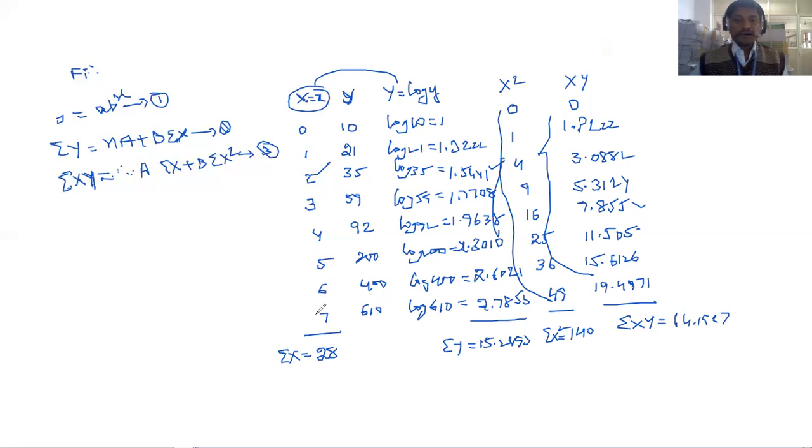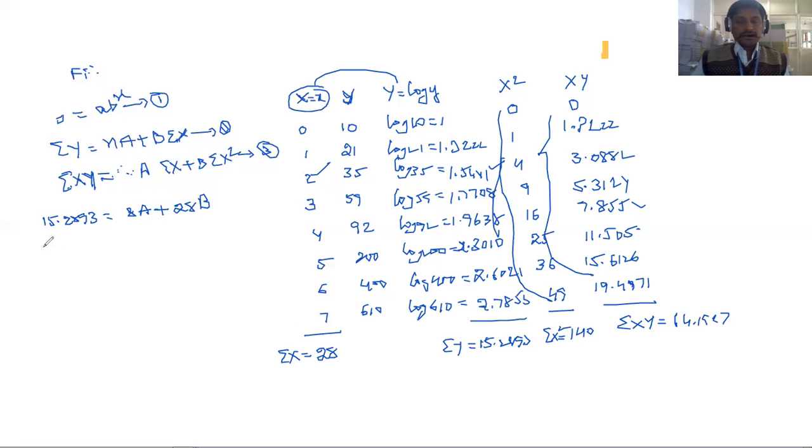Now we need to substitute all these values here. Summation Y is 15.2893 and n is 8, counting 1, 2, 3, 4, 5, 6, 7, 8. So we get 8a plus summation X, which is 28b.